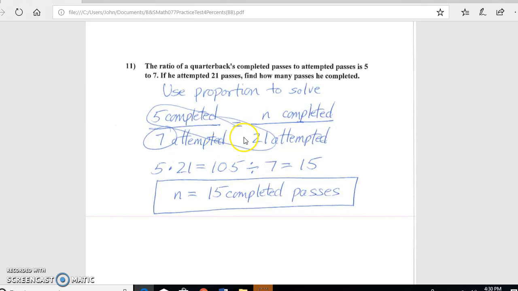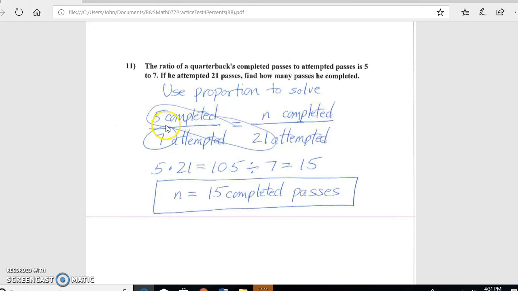And then we're going to set that equal to the second ratio. In the second sentence, we are told if he attempted 21 passes, find how many passes he completed. So we have 21 attempted, and that would be on the bottom, and then we're going to solve for the n, the number of completed passes.